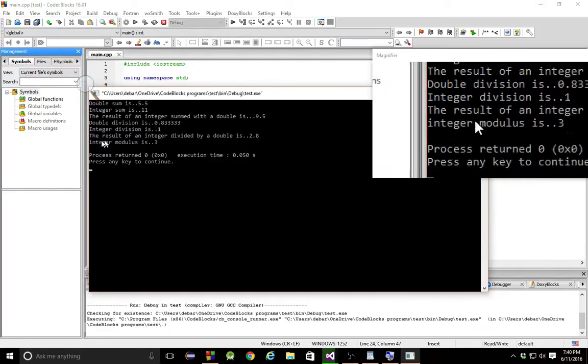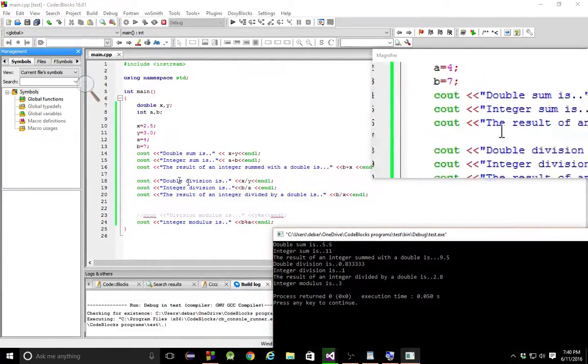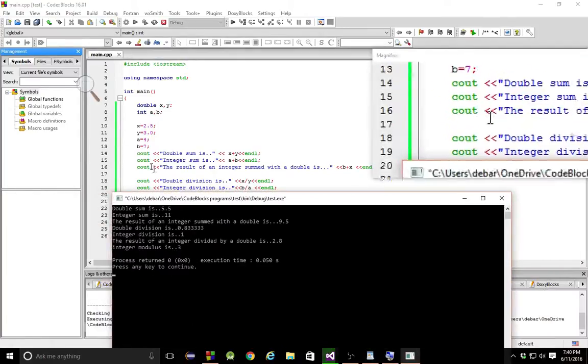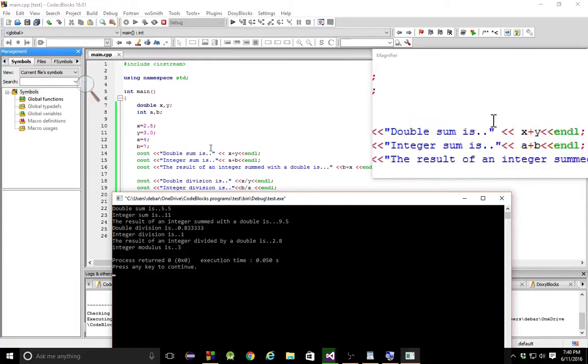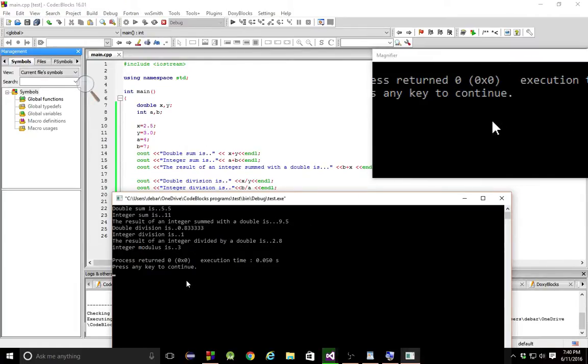Integer modulus is 3. Well, that makes sense, because when you do 7 modulus 4, you have 3 left over. When you divide 4 into 7, you have 3 left over. That's essentially what modulus is. It gives back the remainder.